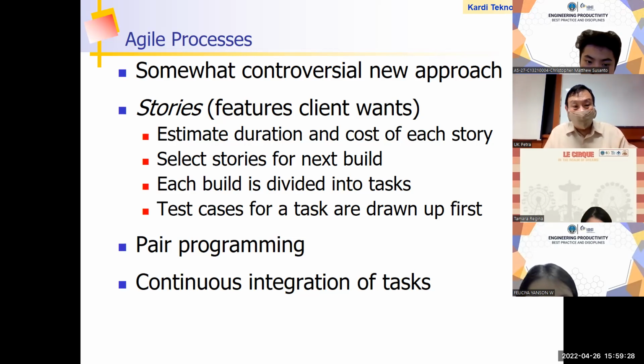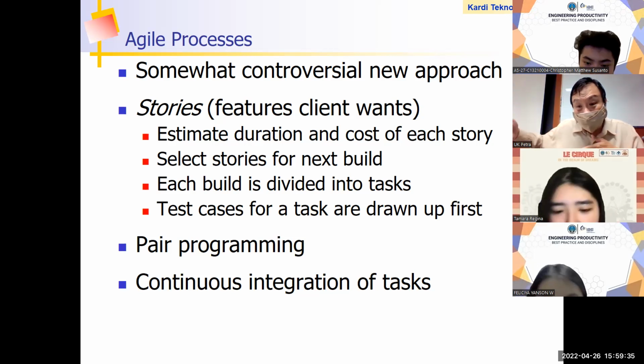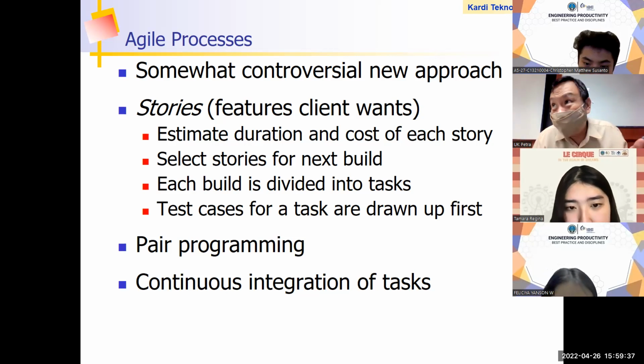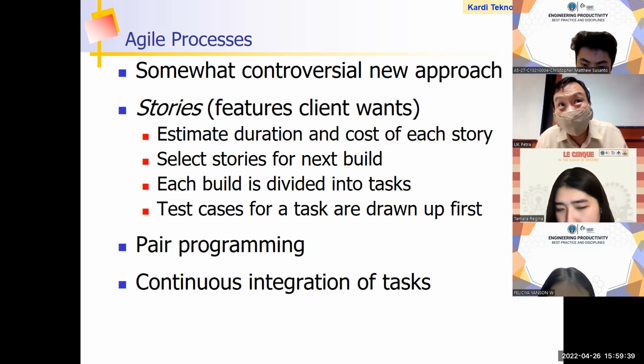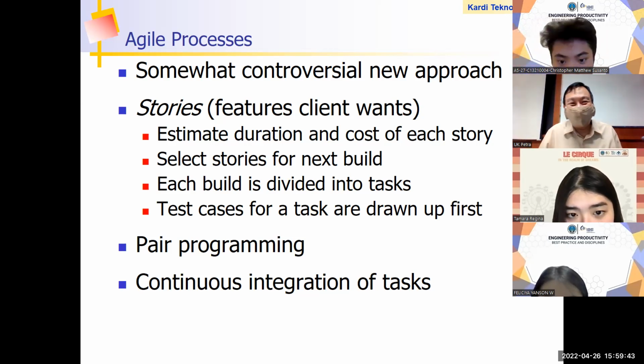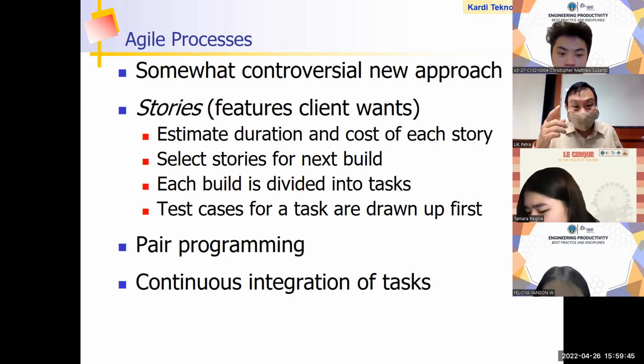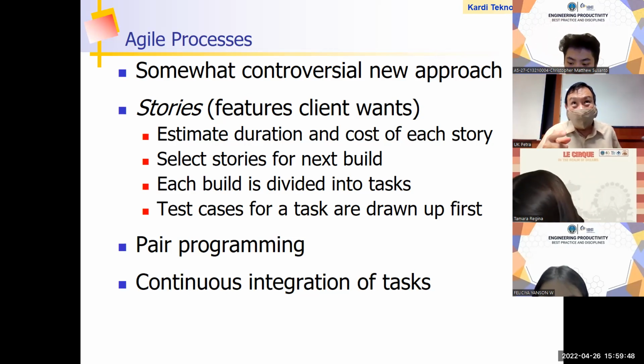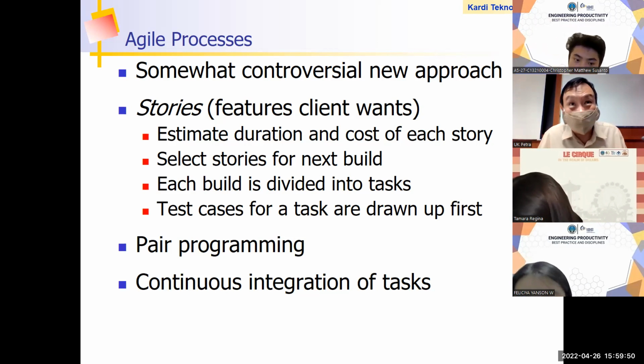Second, there is pair programming. Instead of one programmer, pair programming means two programmers on one computer. This is somewhat controversial, but pair programming has proven to be actually better. Why?